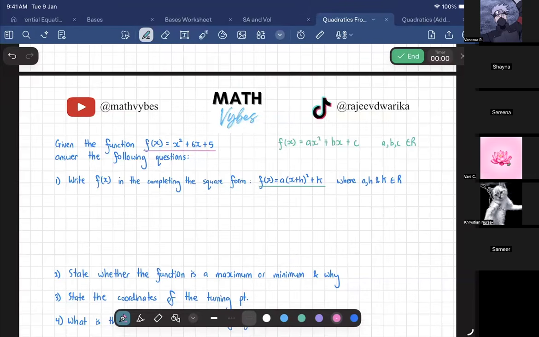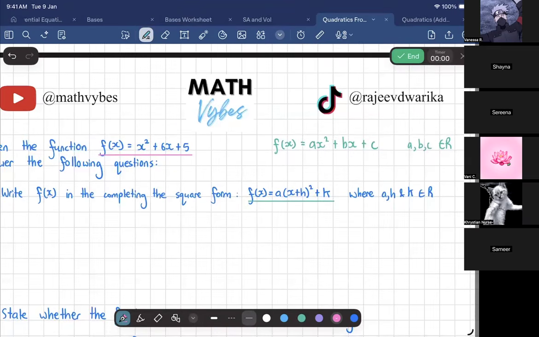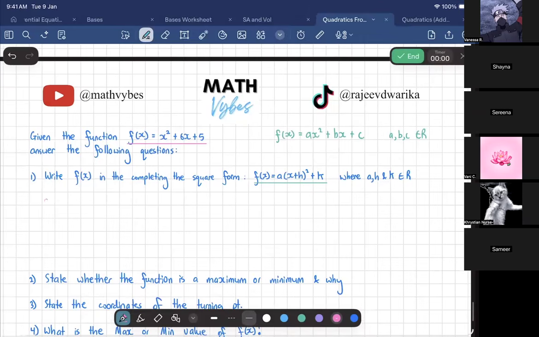After we do that, I want you to see if you can tell me what A, B, and C are. A is the number in front of x squared.